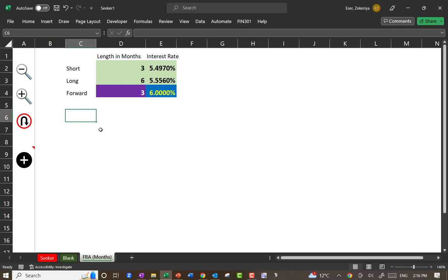I'm going to calculate two things: cost with forward, cost with money market. Or let's do this: cost using the forwards, cost money market.